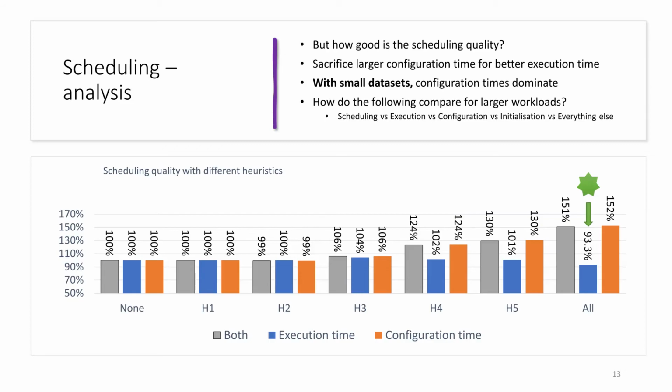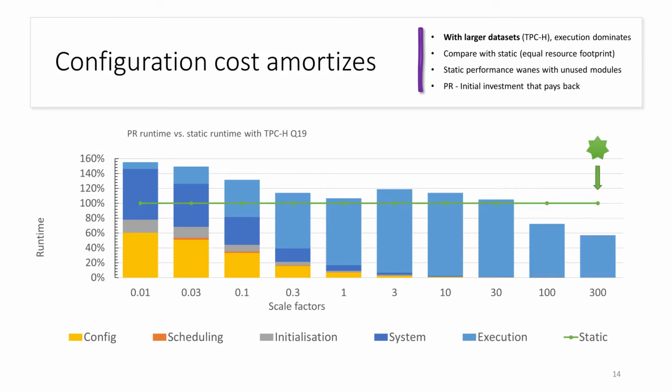Therefore, next, we compare scheduling, execution, configuration, and initialization runtimes against the rest of the time spent on smaller processing steps. We ran SQL queries from a popular data analytics benchmark, TPCH, to evaluate against more established and larger workloads. Consequently, we see that execution does start to dominate the whole end-to-end runtimes with larger datasets.